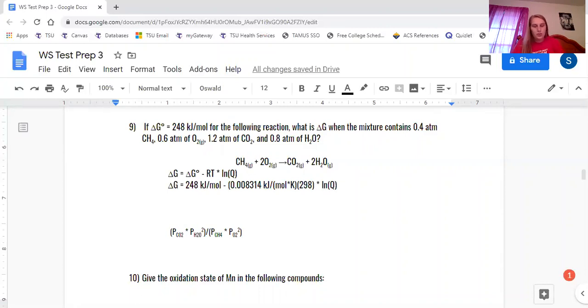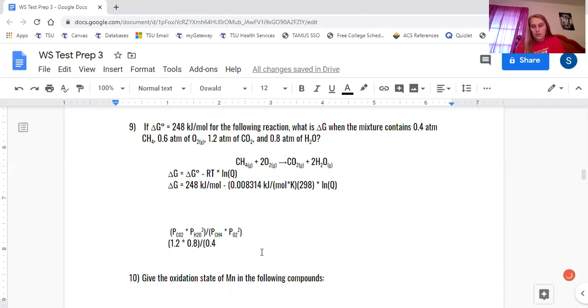we're going to go ahead and plug in what we do know. So we have the pressure of CO2, which they gave us right here, so 1.2 atm. And since they're all the same unit and they're going to cancel out, I'm just not going to bother to type them in. H2O is going to be your 0.8 here. Then we're going to divide that by pressure of CH4, so that's our 0.4 atm.